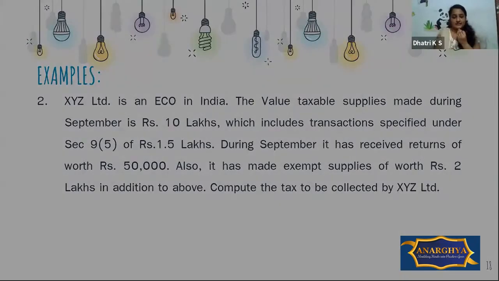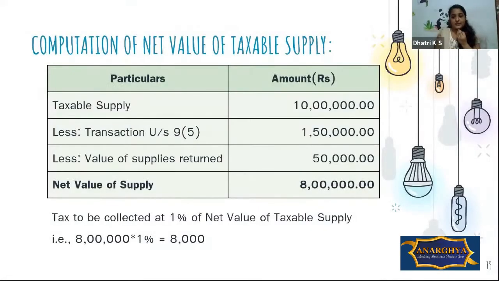The total taxable supply made during September is 10 lakh rupees. From this, we have to exclude transactions specified under Section 9, Subsection 5, that is 1.5 lakh rupees. And we have to reduce the value of supplies returned during the month, that is 50,000 rupees. So net value of taxable supplies would amount to 8 lakh rupees.